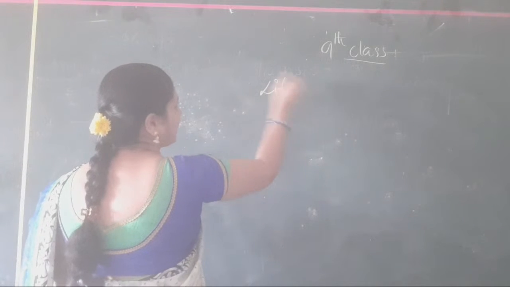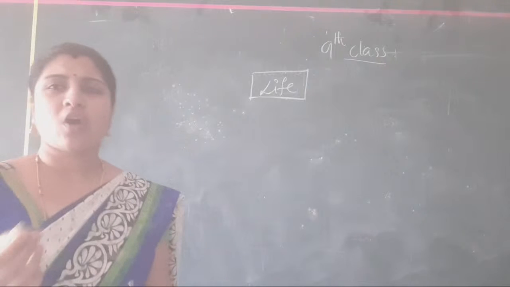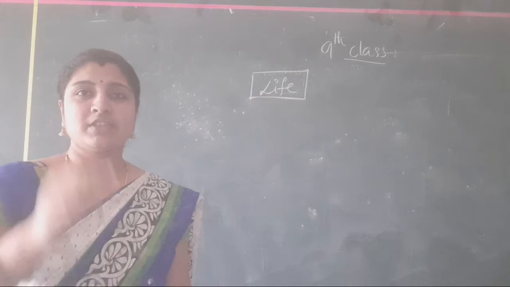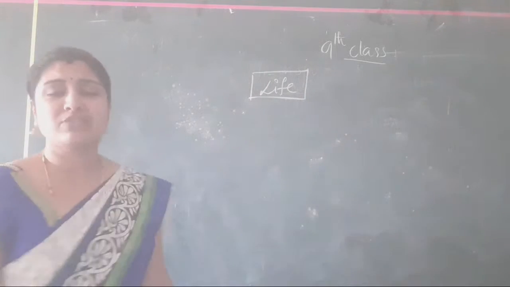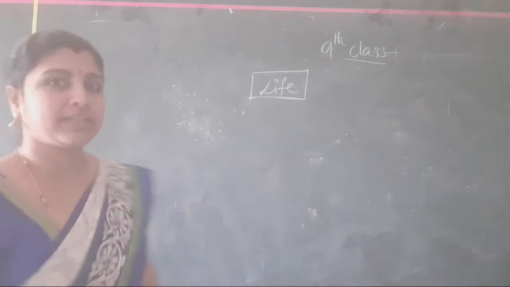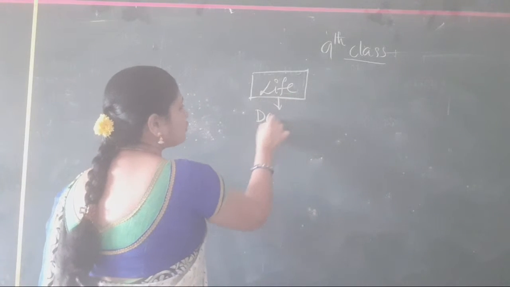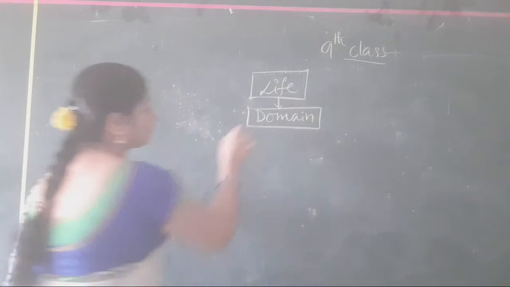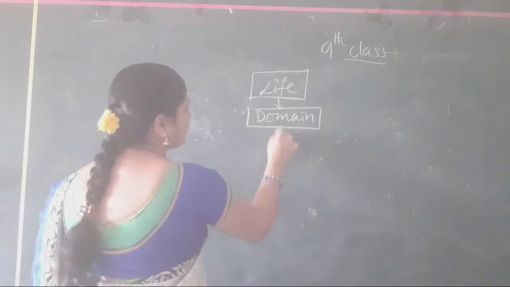First one is life. Each and every organism has a life. For that life, we have divided all the organisms into groups. Life means living organisms are present. These life came into domain.